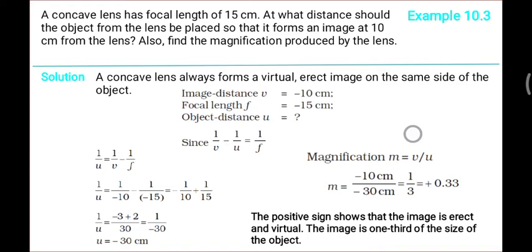That's why v is going to be negative as per the Cartesian sign convention. The focal length of the concave lens is always negative, that's why it's minus 10 and minus 15. Now we have to find u, question mark. According to the lens formula, 1 upon v minus 1 upon u is equal to 1 upon f. So 1 upon u you have to find, bring it this side, and minus f you are bringing on this side.